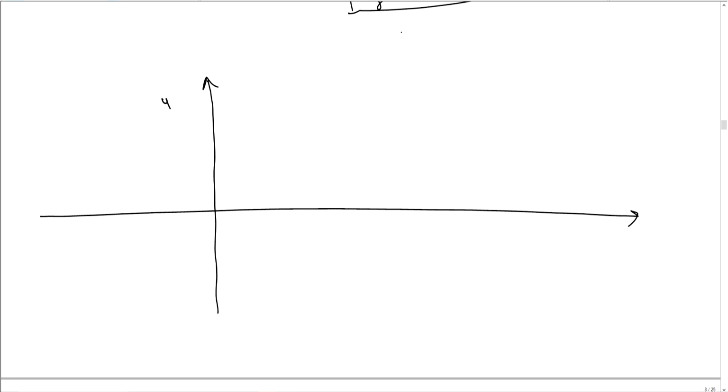On y axis you have actually y by r, that is the height of point P divided by length of the ladder. This is theta on x axis.